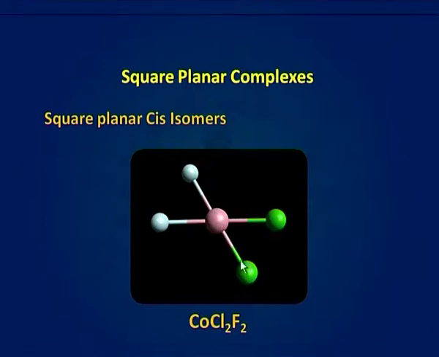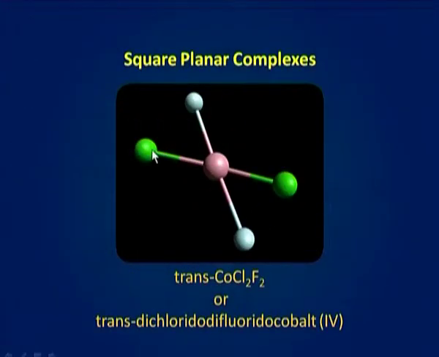In this figure, 2 chlorines have a 90-degree angle and 2 fluorines also have a 90-degree angle. Hence, this isomer is a cis isomer. In this figure, you can see that the bond angle between the similar atoms is 180 degree. Hence, this is the trans isomer of CoCl2F2. Hence, it can be named as trans dichlorido fluorido cobalt 4.